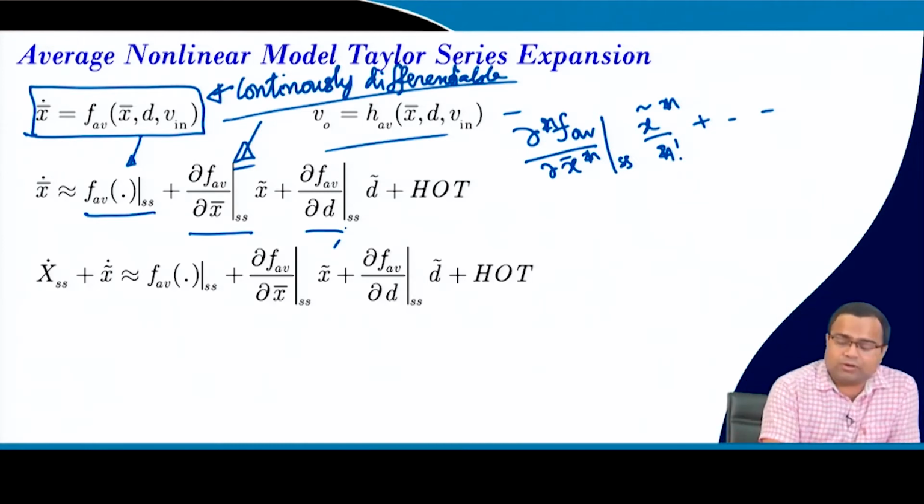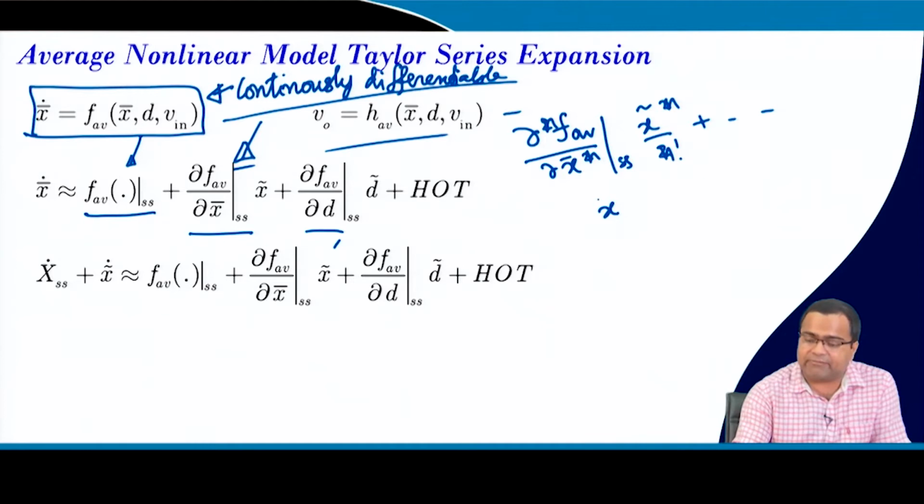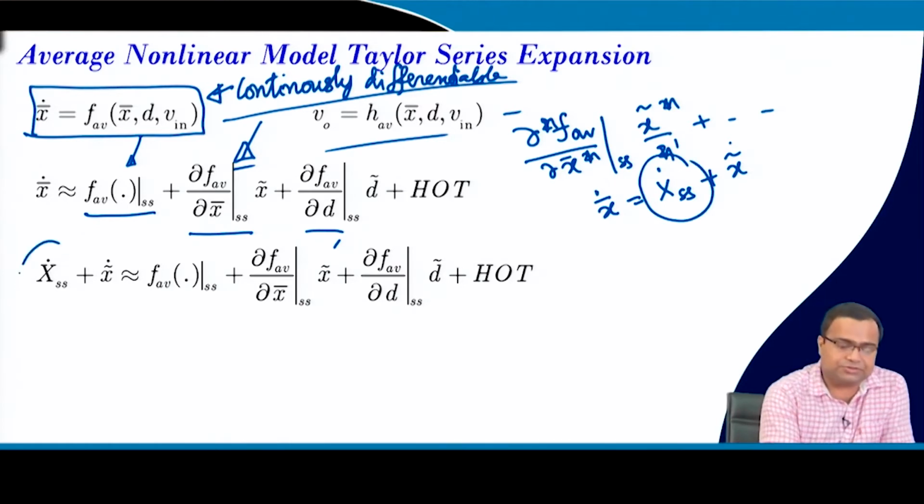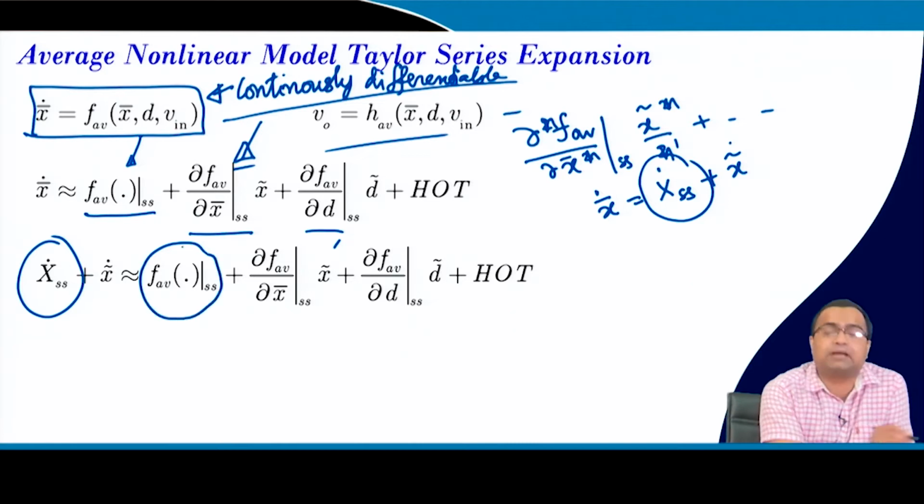Now, we generally replace x average by the steady state quantity plus a perturbed quantity, right. Now, what is the derivative? We can differentiate, and the steady state derivative is 0. So, this is 0, and the steady state quantity again will be 0.